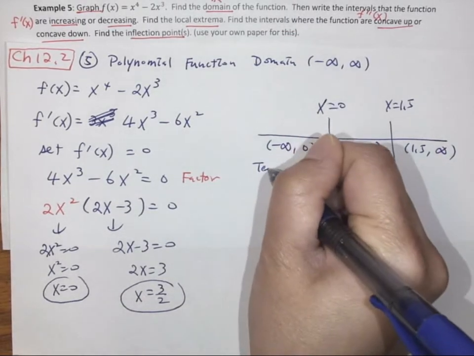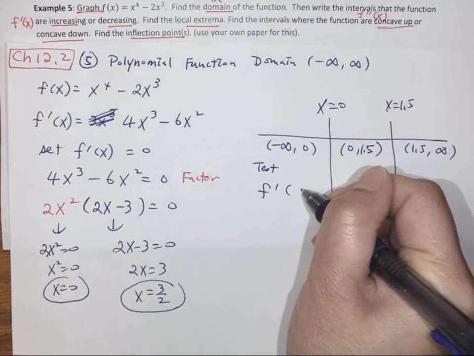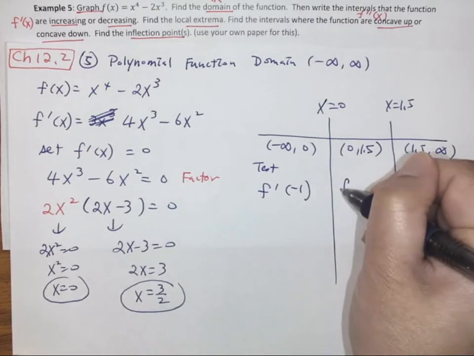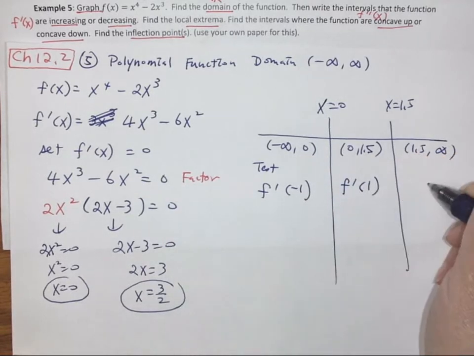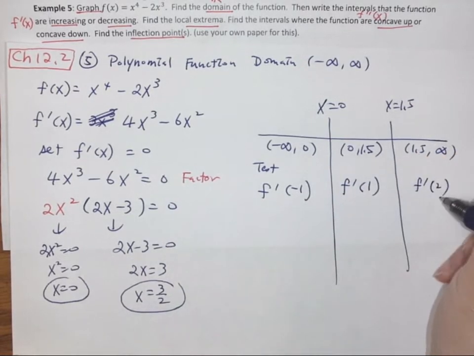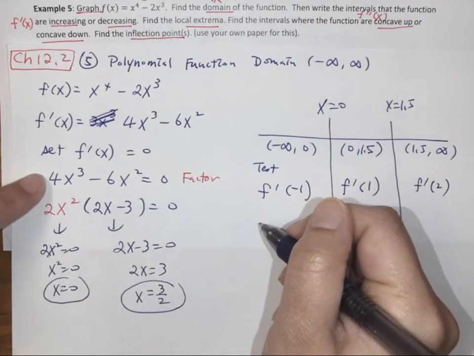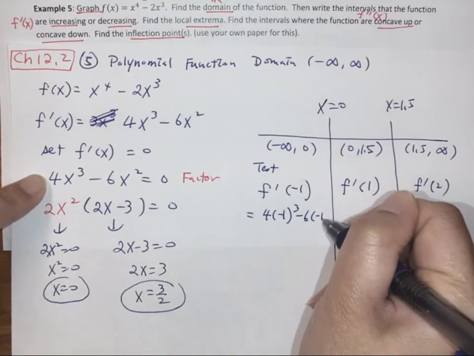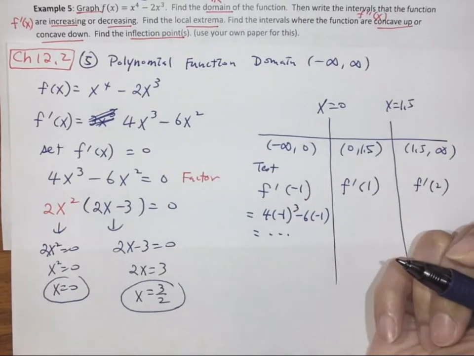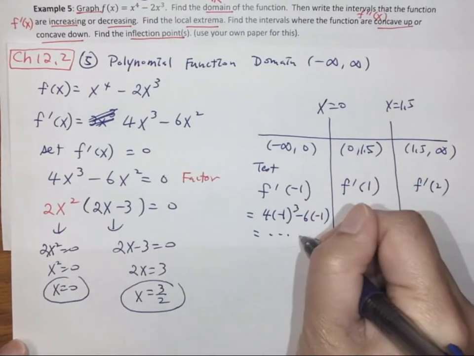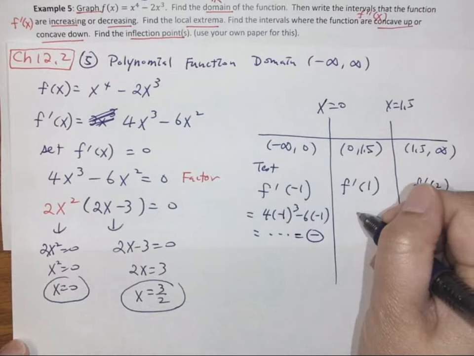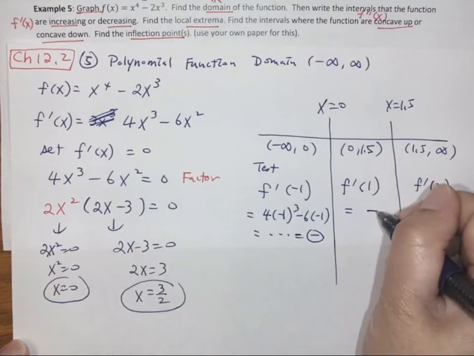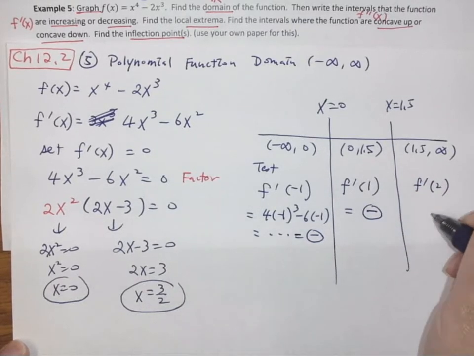So I can test points, plug in f prime of -1, f prime of 1, and f prime of 2, which is this function, right? So 4 times -1 cubed minus 6 times -1. So your answer for that would be a negative number. The second one, your answer should also be a negative number. And the last one should be a positive number.